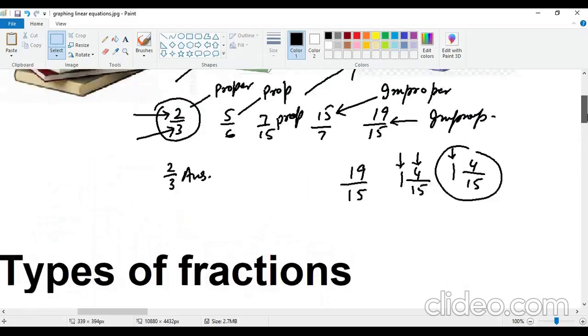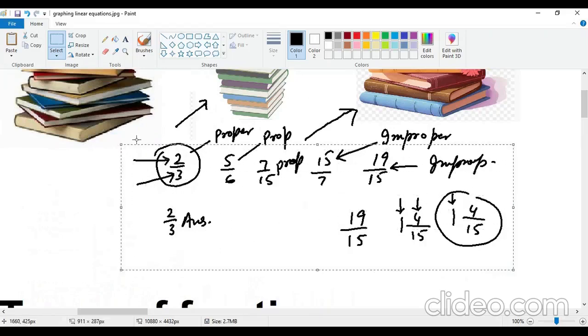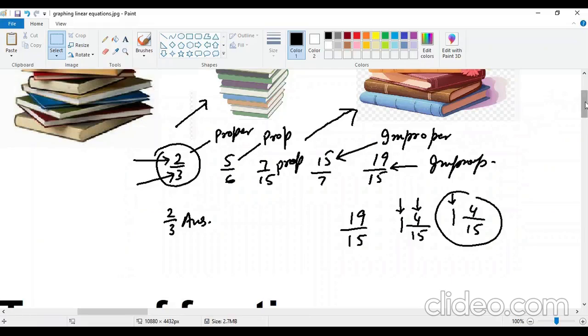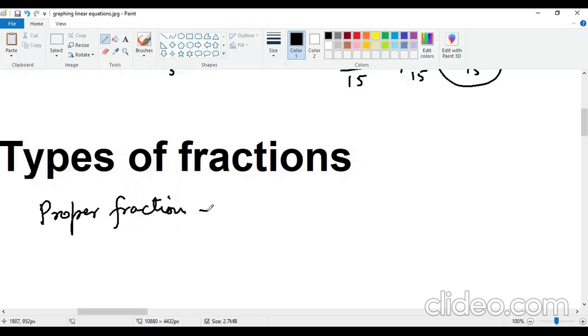Now I'm going to erase this, or let it be like this. So the types of fractions you have learned so far: one is called a proper fraction, in which the numerator is smaller than the denominator.